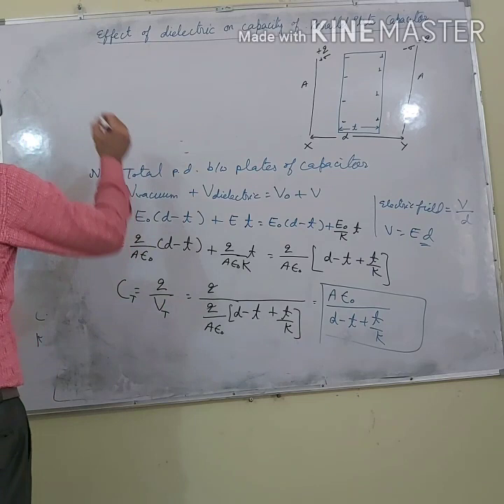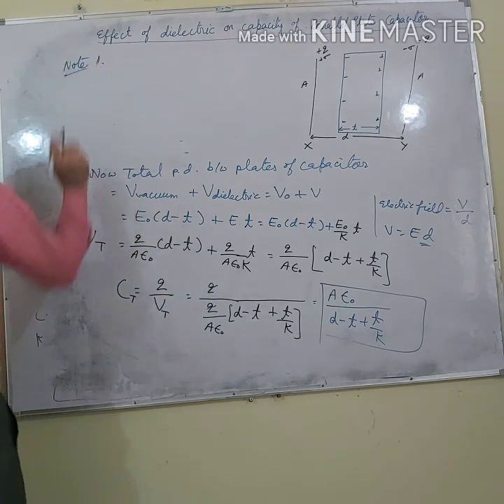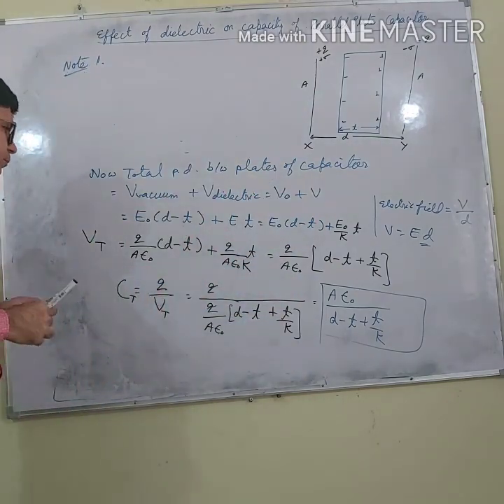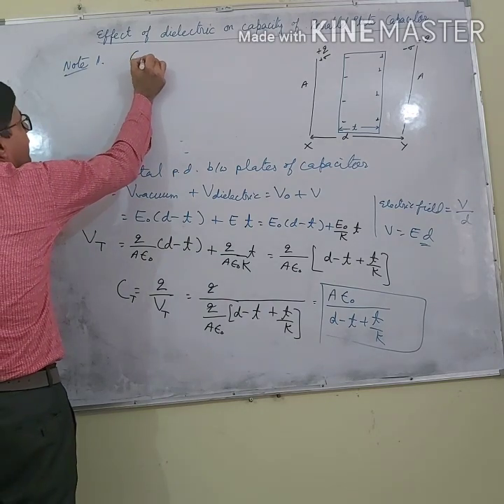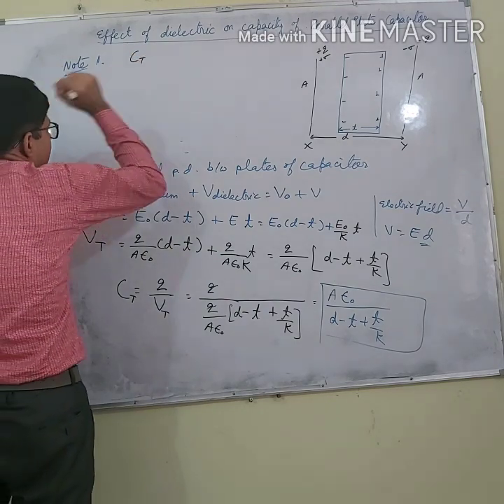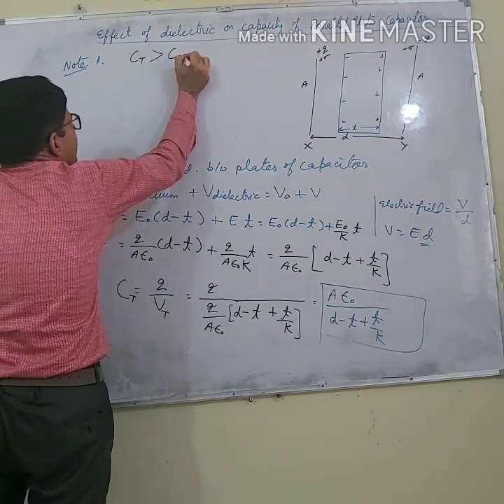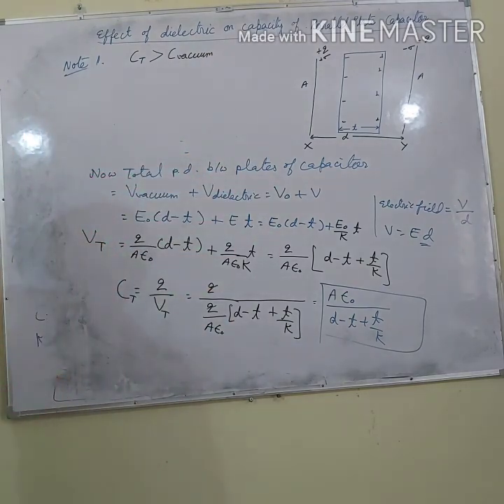Number one, in this case capacity is greater than the capacity when no dielectric is present between the plates of the capacitor.